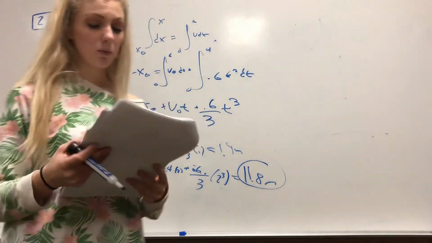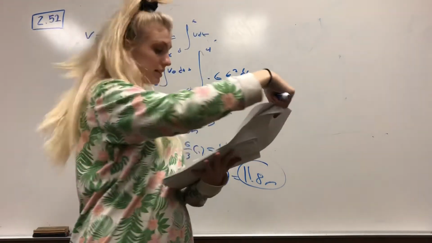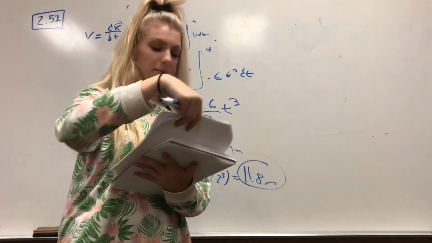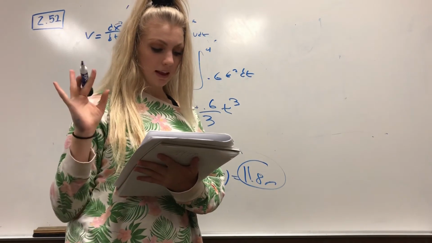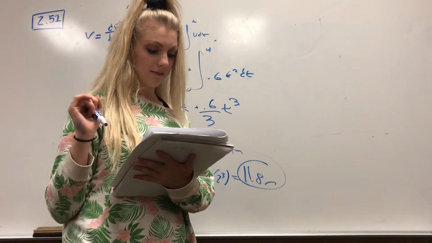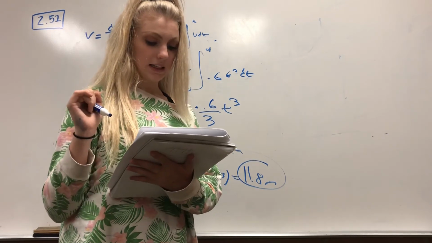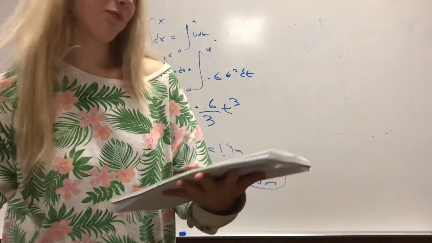And then finally, we have part C, and that's just asking for the graphs, I believe. Let's see. Yep, so they want the graph of a of t, v of t, and the x of t graph for the motion.